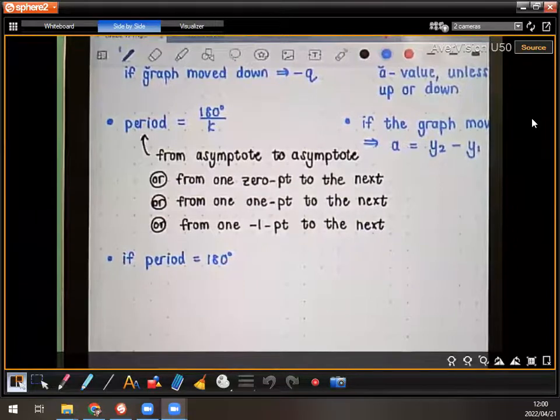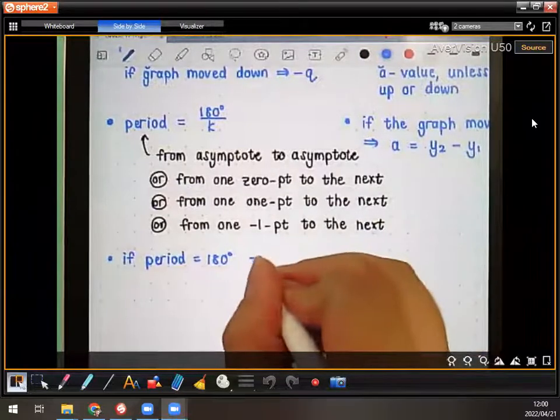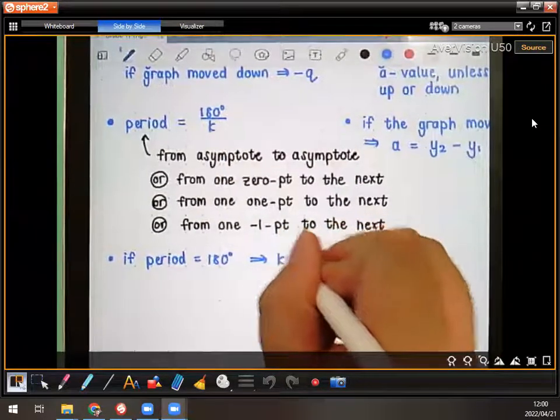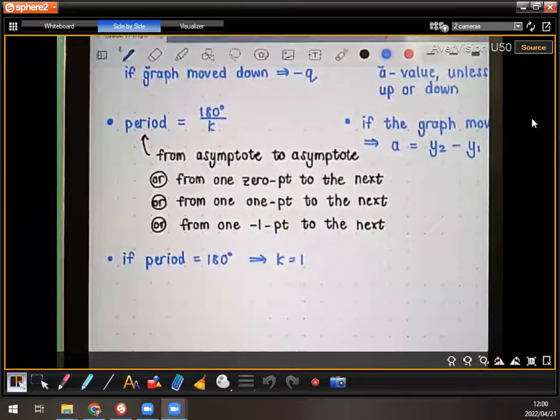So if the period is 180, then you don't have to go through all the effort of solving for k. Then k is just 1. If the period is a normal period, there's no different k value. You didn't change the period, so the k value is just 1. That could maybe save some time.